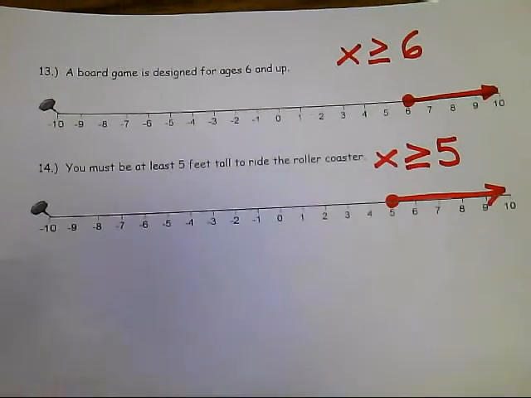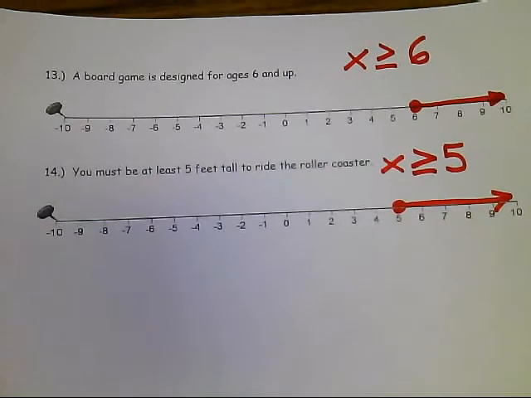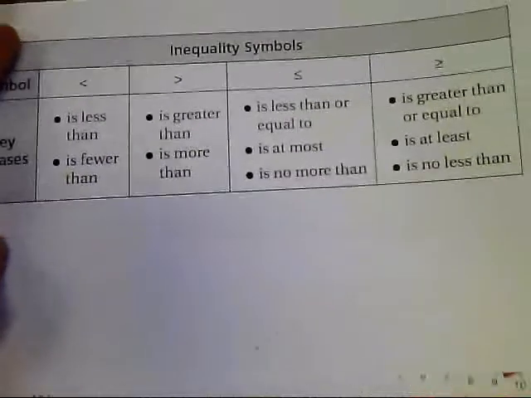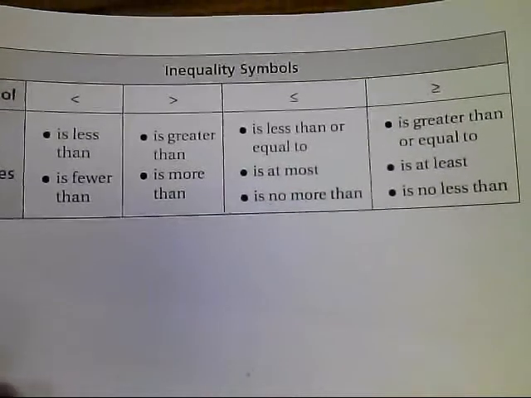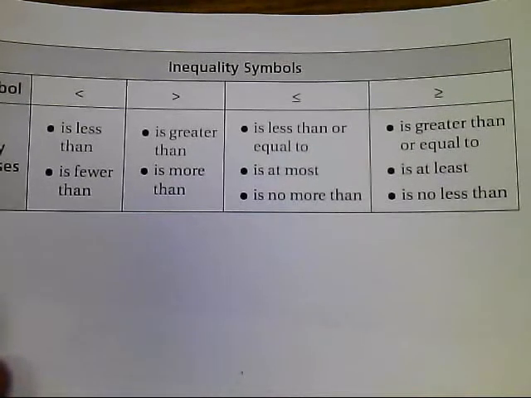Even though at least makes you think of something being small, we've got to be really careful with that vocabulary. Just like the notes I suggested earlier, these notes could be really helpful in remembering those phrases. You'll have those in your notes in class, and if not, you could copy them here to make sure you know all those key phrases.